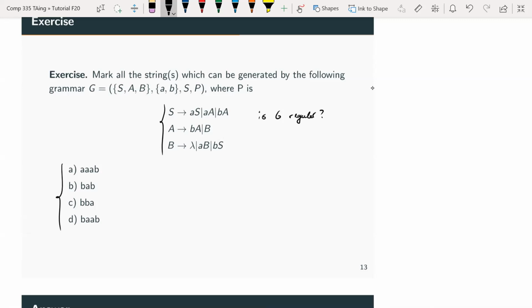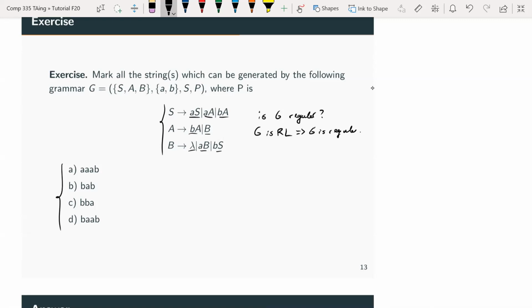Well, here I see that all of my production rules are right linear. So G is right linear, which implies that G is regular, right? So yes. For this exercise, it might not help that much, but you'll see it will for the next one.